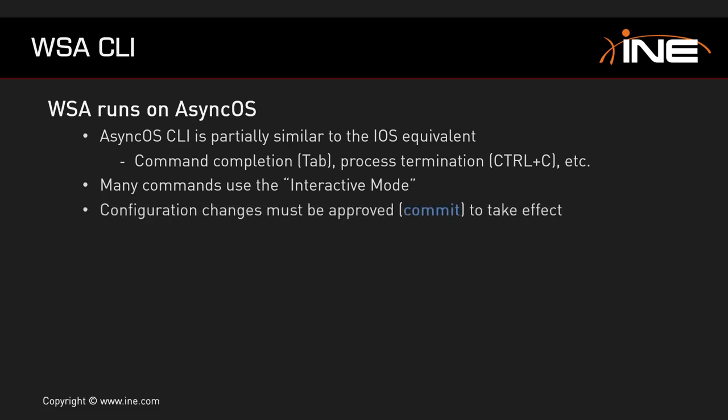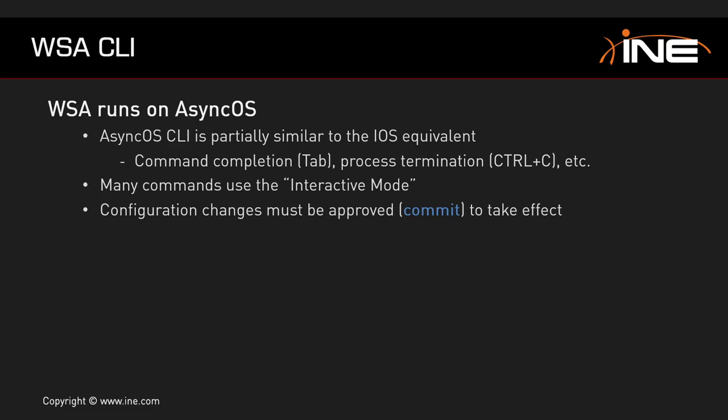The other major difference from IOS is that the configuration changes must be approved and committed with the aid of the commit configuration statement so they take effect. So what it means is that when you make some changes to the configuration using either the CLI or the GUI, because the commit statement applies to the CLI and the GUI as well, they won't affect the device until you eventually approve them.